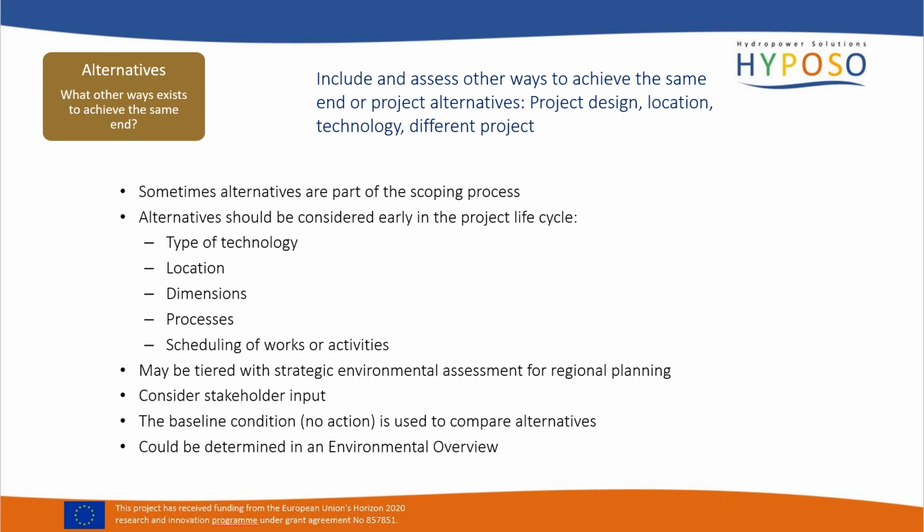But in this case, for that no-go alternative, it's also important to determine what the future would be, how the future will evolve in the absence of that project. So that means that it's not the same as keeping the environment, the baseline, as it is, because over time, changes happen.